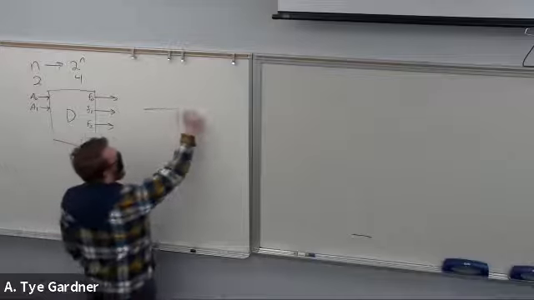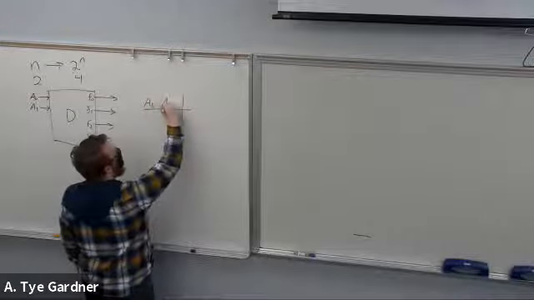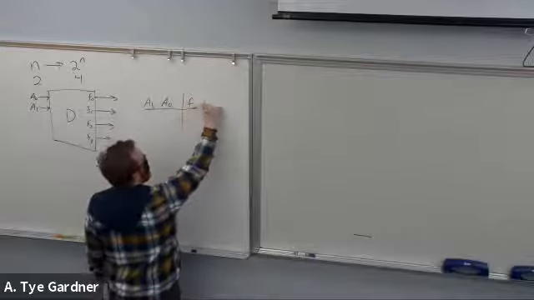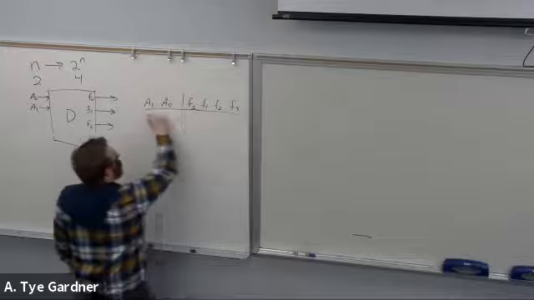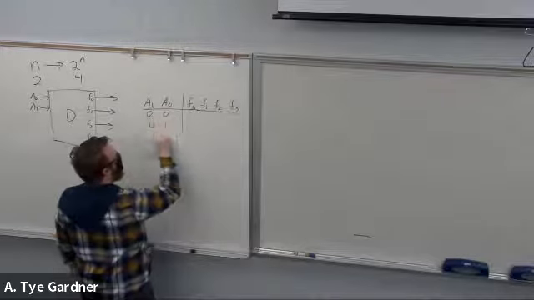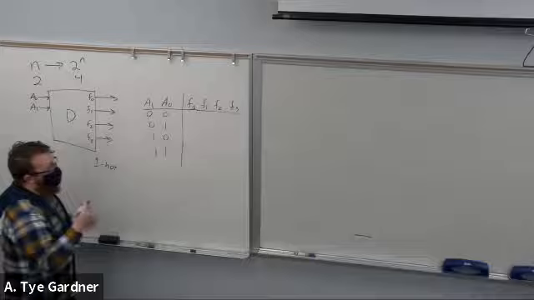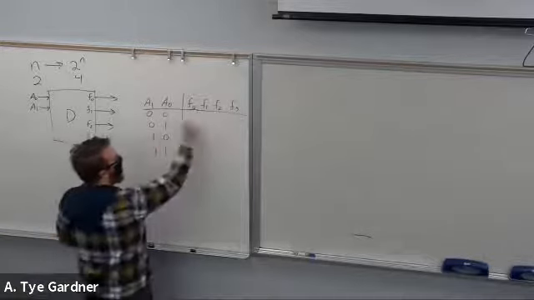So let's look at that truth table. I have A1, A0, F0, F1, F2, F3. And it just says one of those outputs is going to be high. Well, for 0, 0, it's F0.